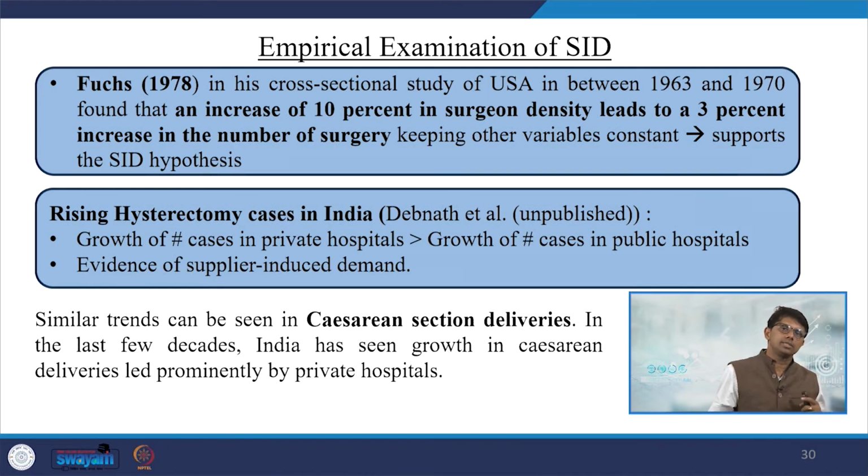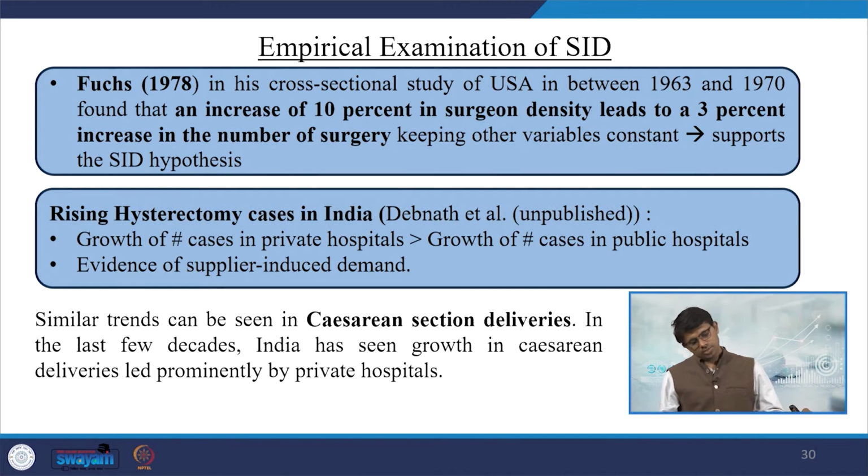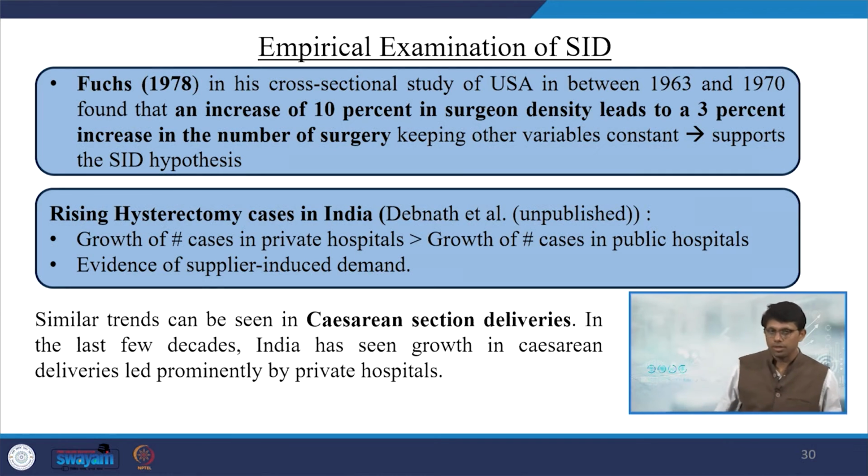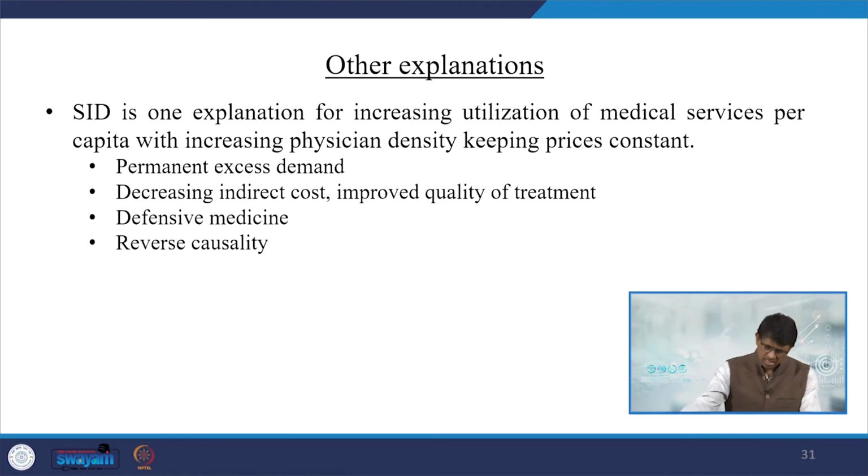This indicates supply induced demand for health access. Similar trends can also be observed in cesarean section deliveries in the Indian context. Especially, high cases are rising over recent years and are especially observed in private hospitals.